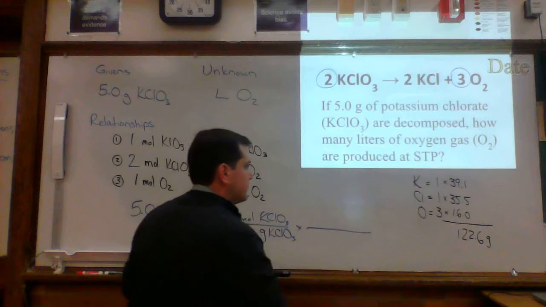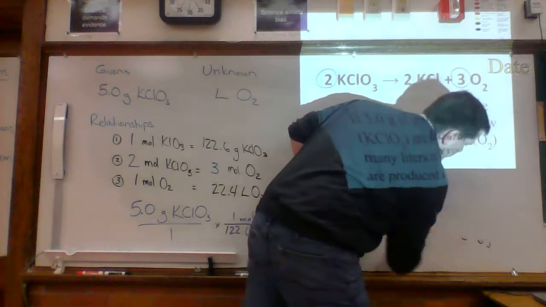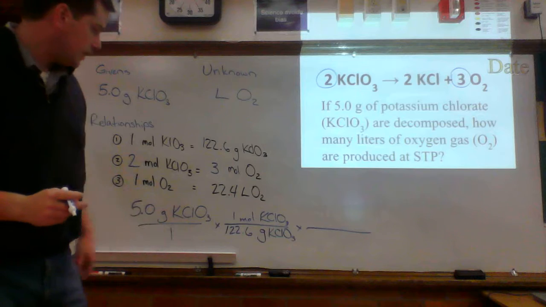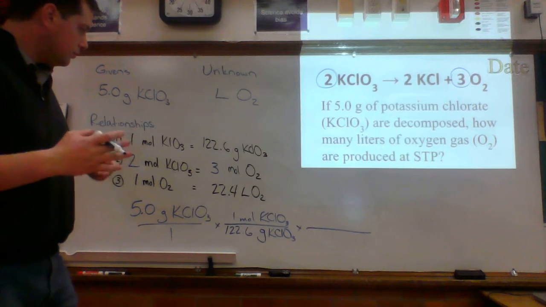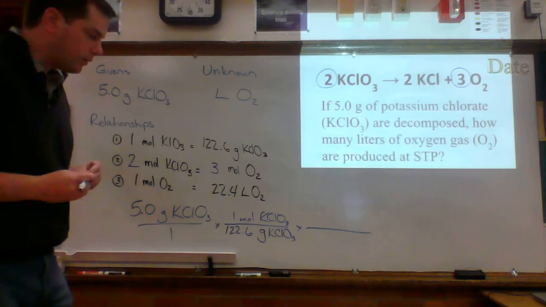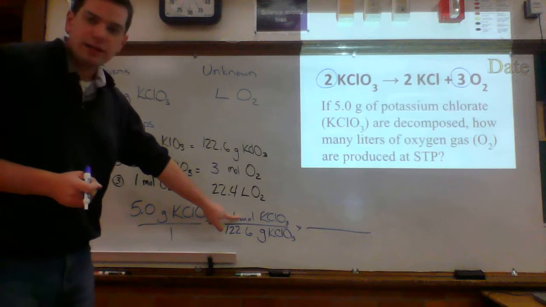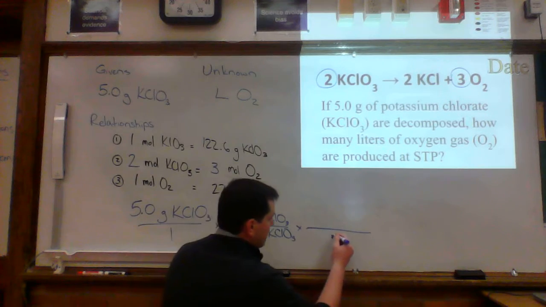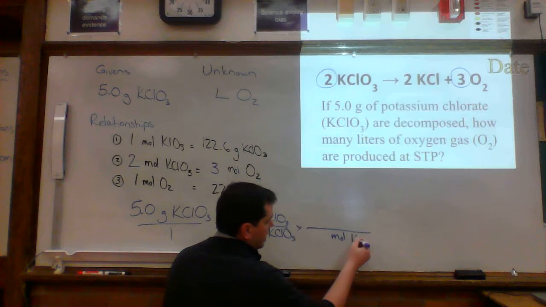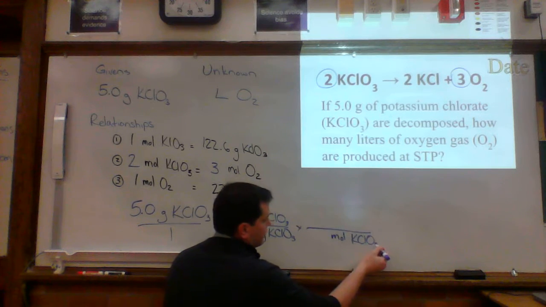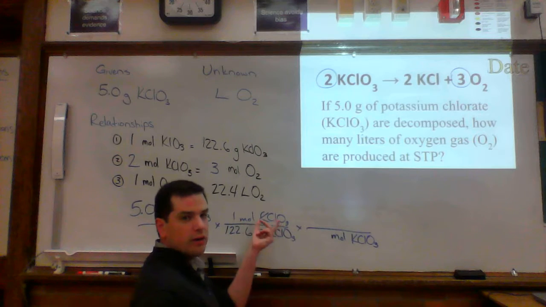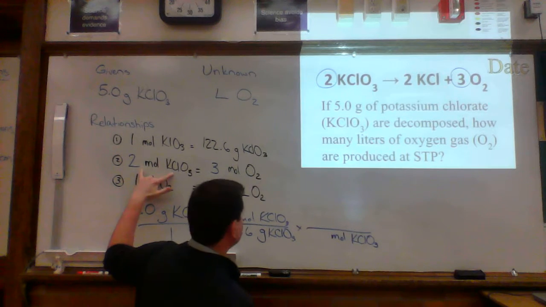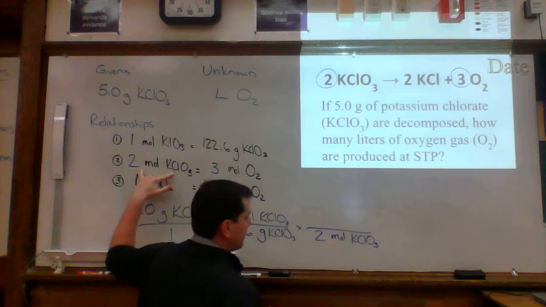Next fraction. I'm going to get some space here. All right. Next fraction is from the second relationship. Well, which one goes on the top, which one goes on the bottom? Let's just go ahead and take the moles KClO3 and put that down to the denominator of the next fraction. I always take the numerator down to the denominator of the next fraction. So that tells me that moles KClO3 goes on the bottom.